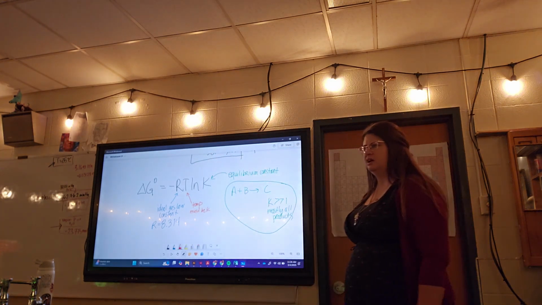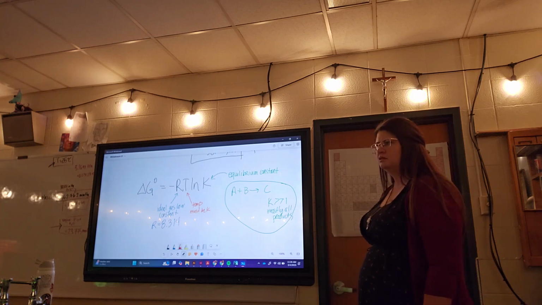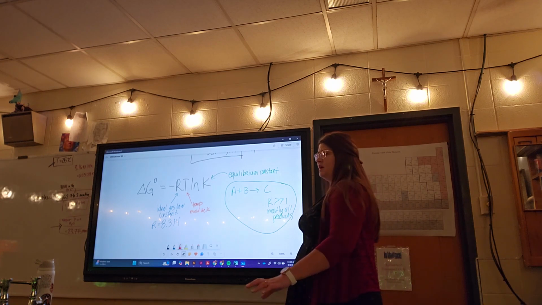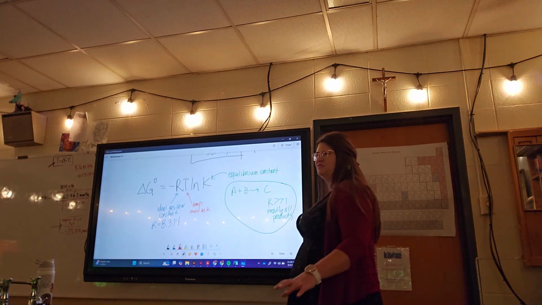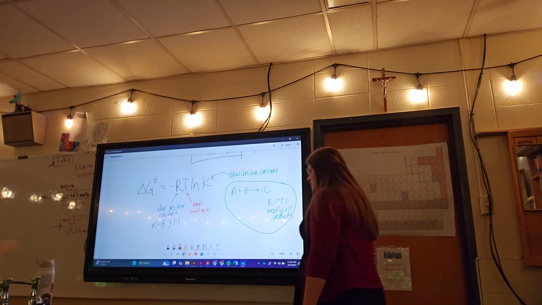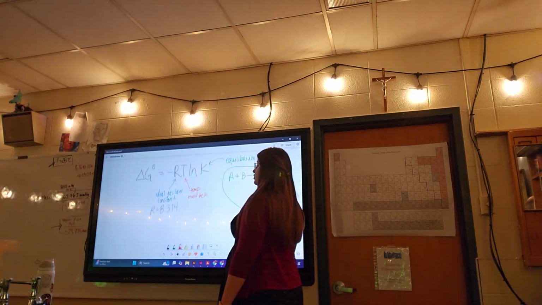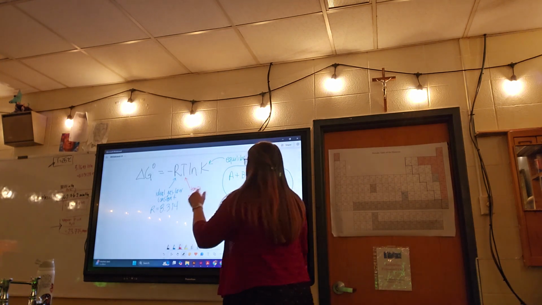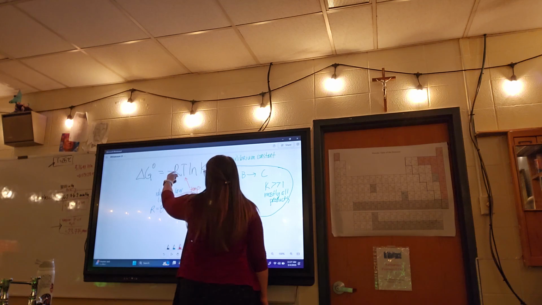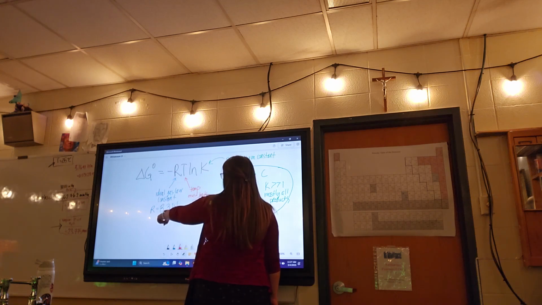Have you gotten to natural logs in math at all? A little bit maybe? You don't need to know what it is. I'm not going to ask you to graph the function or anything like that. You just need to know how to manipulate the equation if you're solving for K. If you know the equilibrium constant, you can do this math because this is always a constant, 8.314.